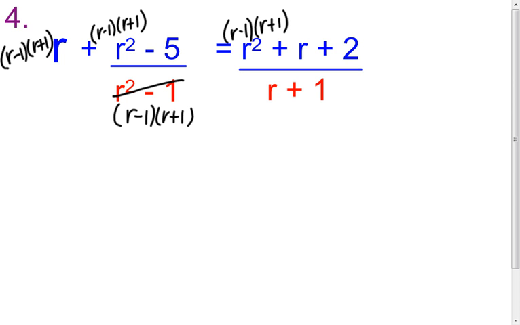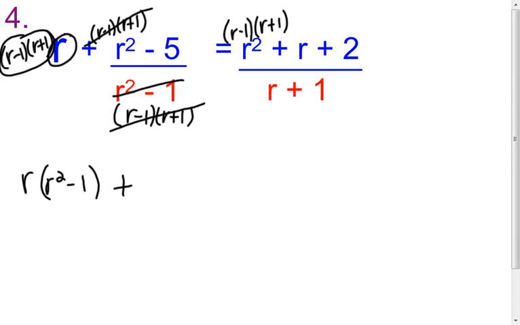With this far term, we already know that r minus 1 times r plus 1 is r squared minus 1. So I'm going to just multiply that out right now. R squared minus 1. And I have to take r times that quantity. Okay? Then in the next term, my r plus 1, r minus 1 will cancel with my r plus 1, r minus 1. So I don't need to worry about that.